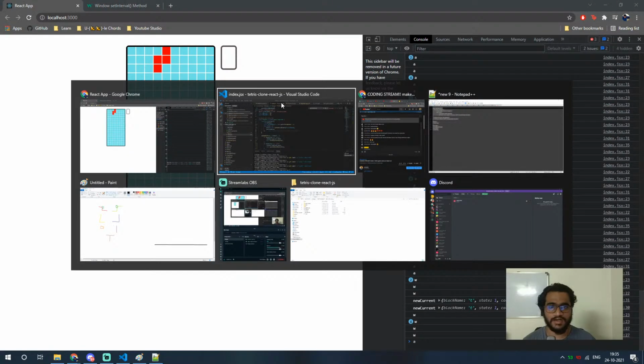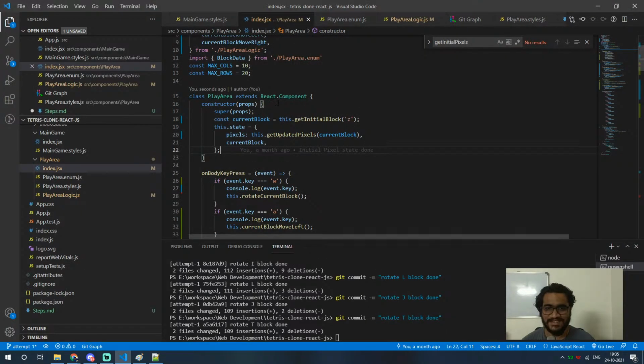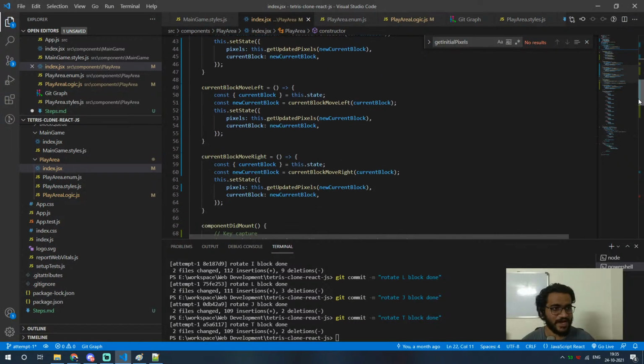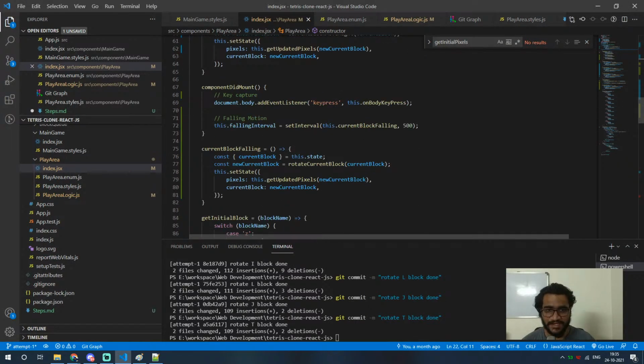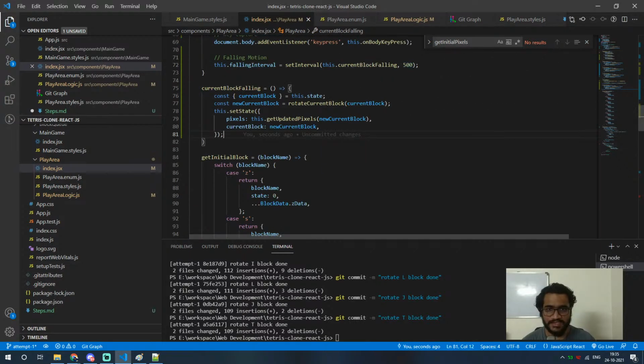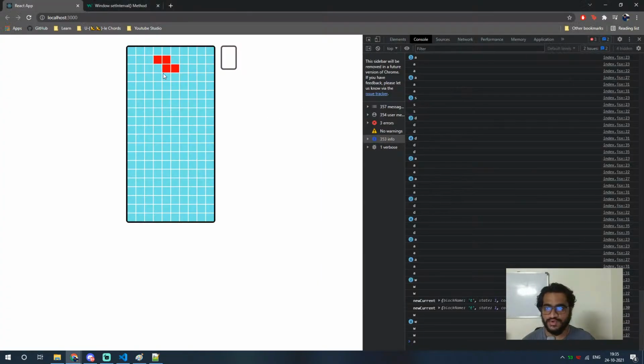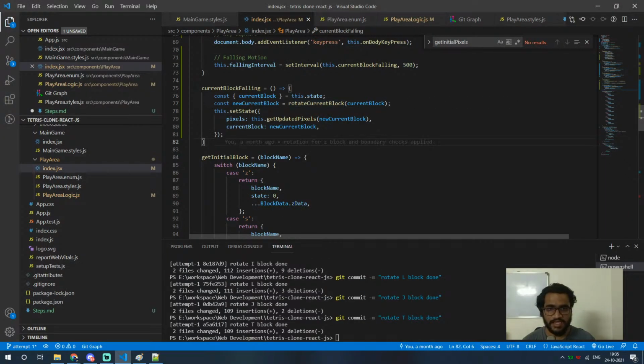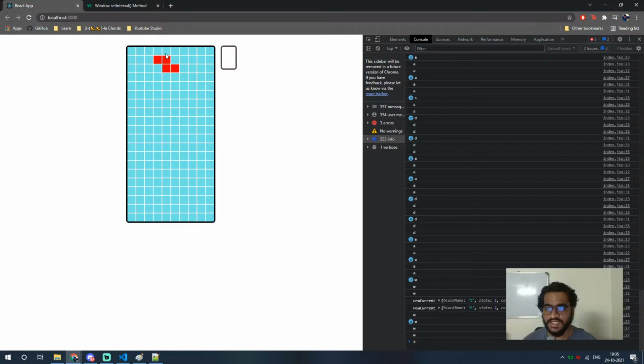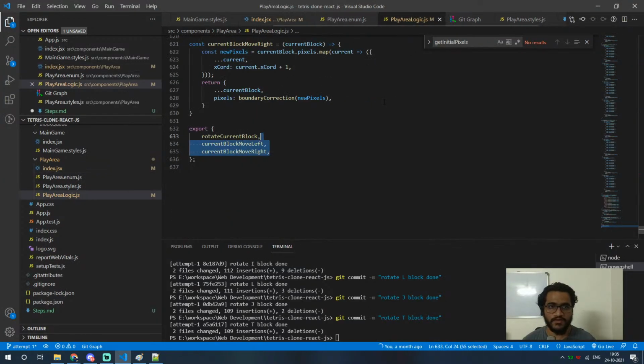Okay. So now we can see that since we have added an interval here on every 500 milliseconds, it is rotating. Since I have just copy pasted the rotate function, that's why it is rotating on each 500 milliseconds. But what we want to achieve is that it should fall. So we will make a fall function right here.